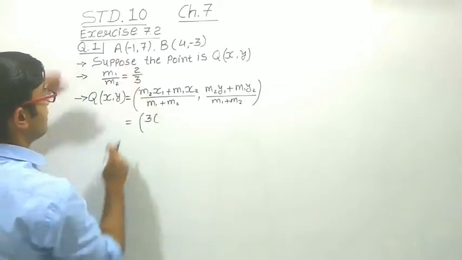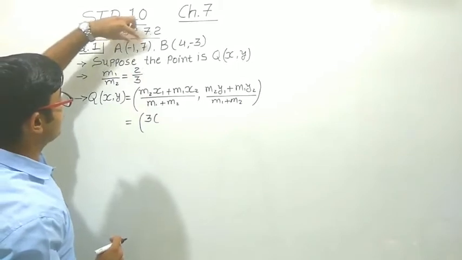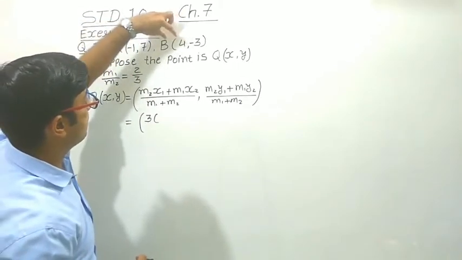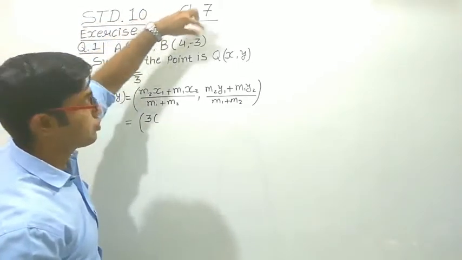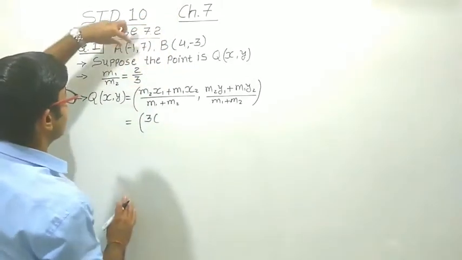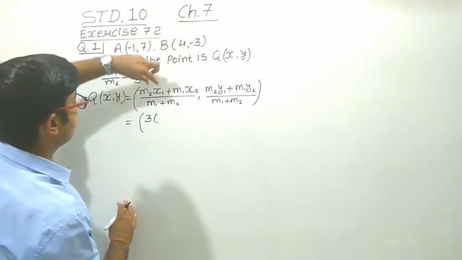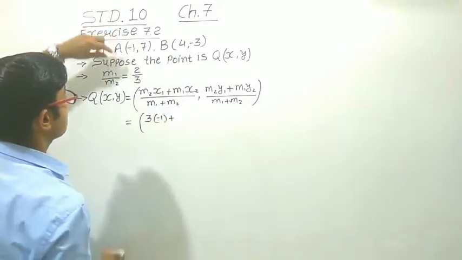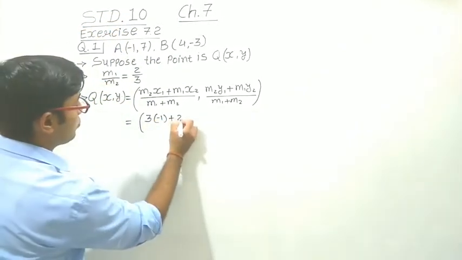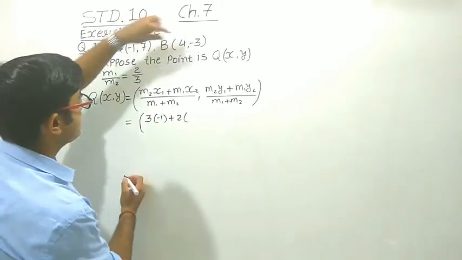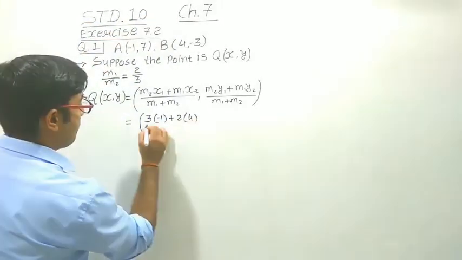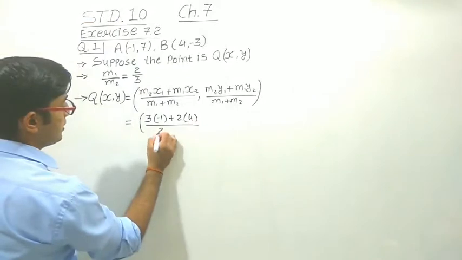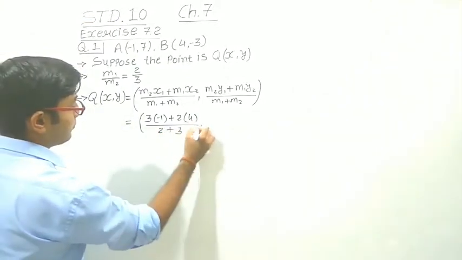Let us call the coordinates of point A (x1, y1) and the coordinates of point B (x2, y2). So we put x1 as -1, m1 is 2, and x2 means 4, upon m1 plus m2, that is 2 plus 3.